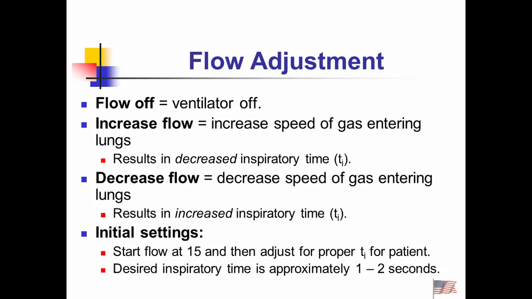As I make the flow faster, think of it as being more turbulent, it's going to reach the target pressure sooner. Therefore, inspiratory time will be shorter. If I make the flow slower, I prolong inspiratory time, and it takes longer to get to that target pressure.